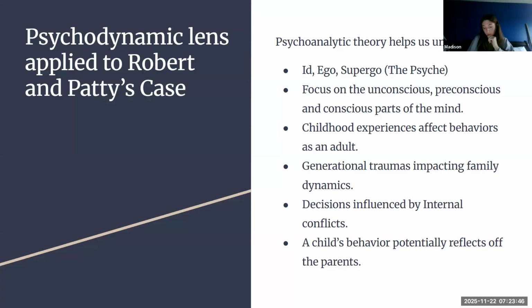Patty's substance use could be her coping mechanism, and her denial is a defense mechanism to avoid emotions she hasn't faced yet. Then generational trauma is present as Patty's alcohol patterns mimic her father, and Robert and Patty could be experiencing internal conflicts due to battling with substance abuse, as I said before.